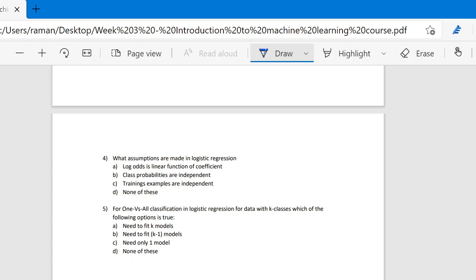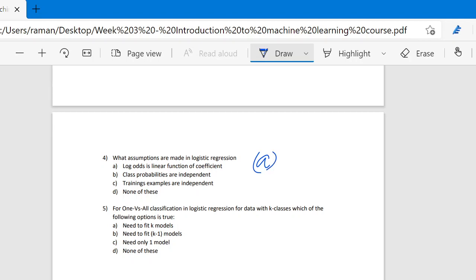Question number 4. What assumptions are made in logistic regression? The assumptions made in logistic regression are that log odds are linearly dependent on the coefficients, so option A is correct.